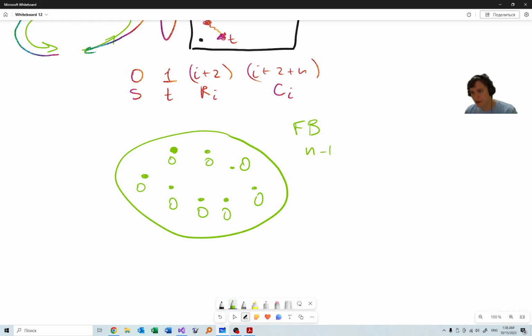Okay? If there is no negative cycle, then by the end, I will get just the minimum distance from some vertex to some other vertex. So minimum cost path between these vertices. But if I make one more iteration and something changes, this means that I definitely have a negative cycle. Great. How do I find it?